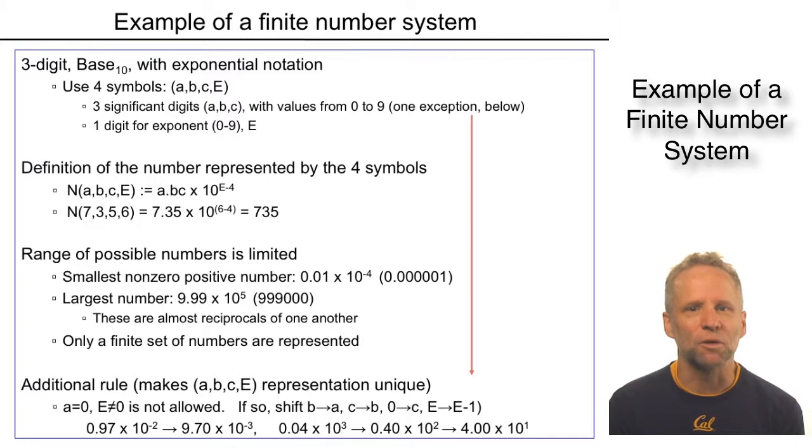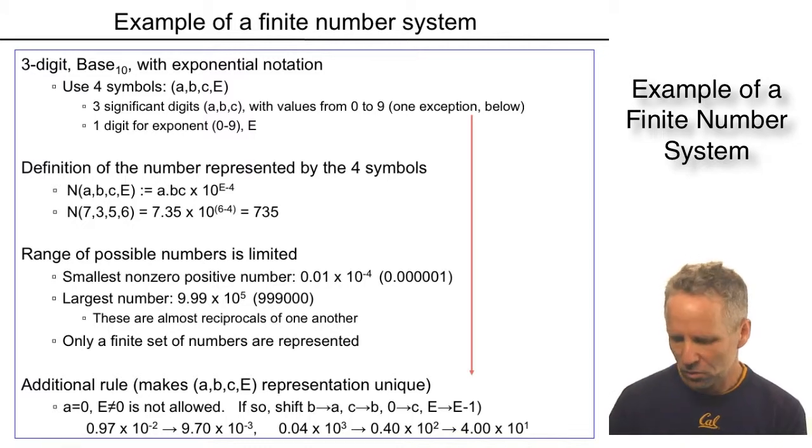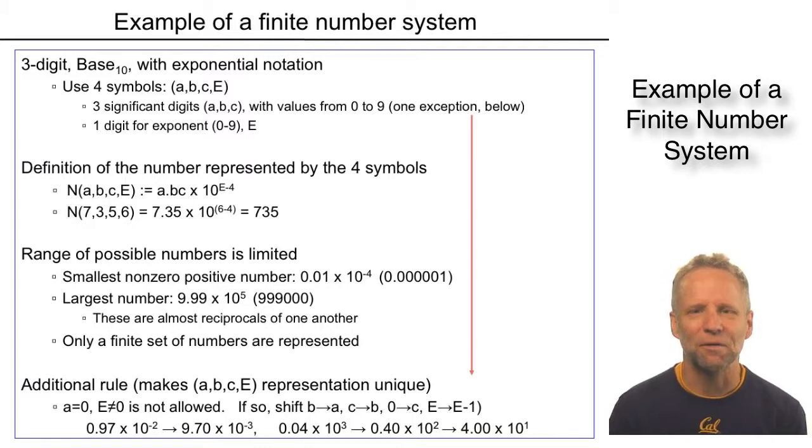I still have A equal to 0 because now it's 0.40. So what I'll do is I'll shift it over one more time, and I finally end up with A not equal to 0 when E is not equal to 0. So A equals 0, E not equal to 0 is not allowed. We'll see the implication of that, I think, on the next slide. We have a little quiz.